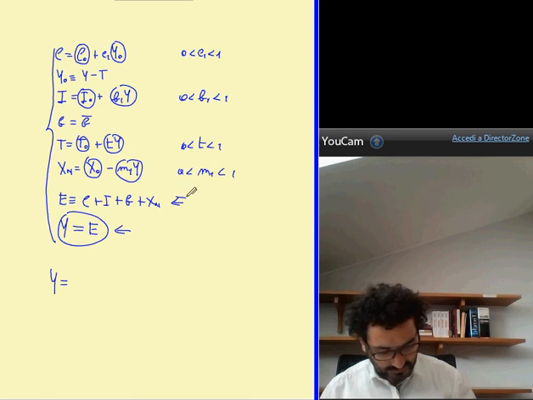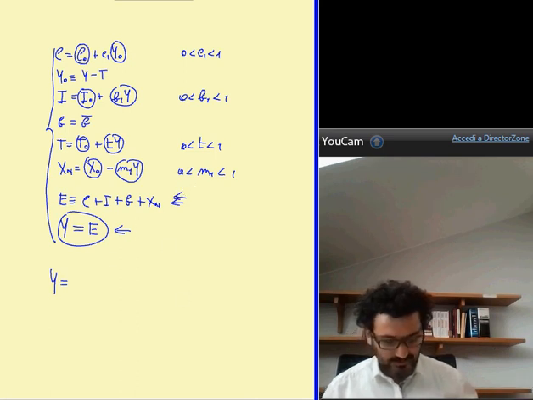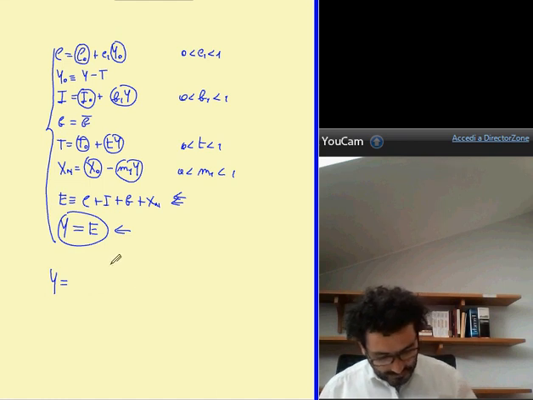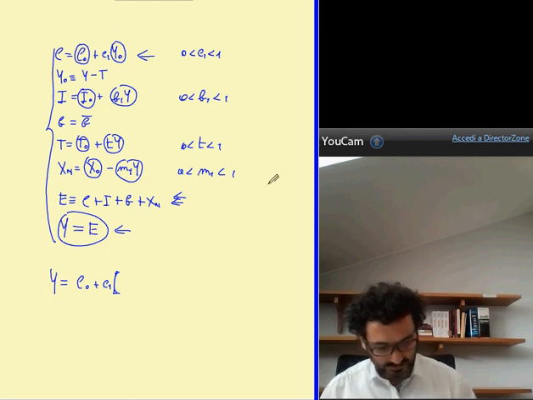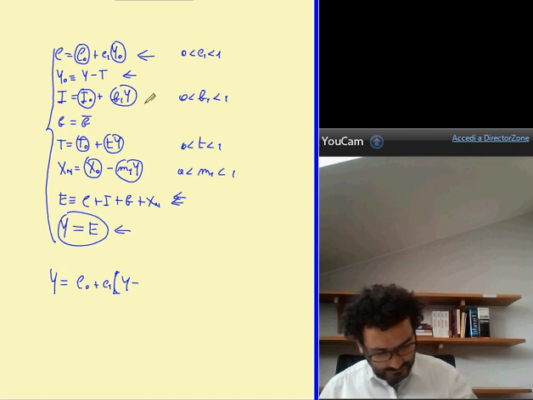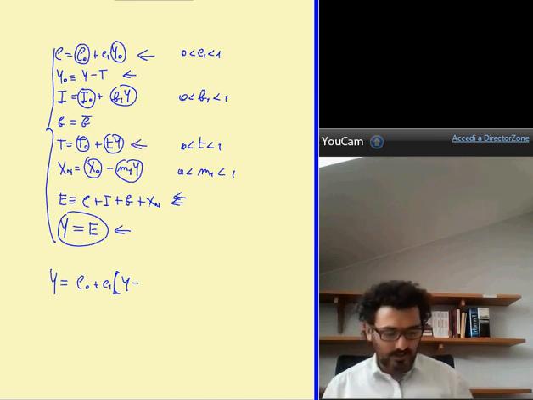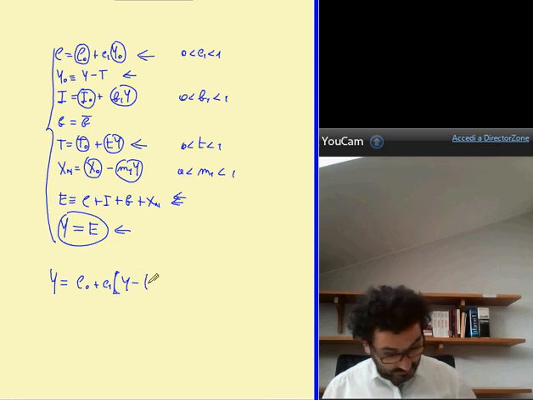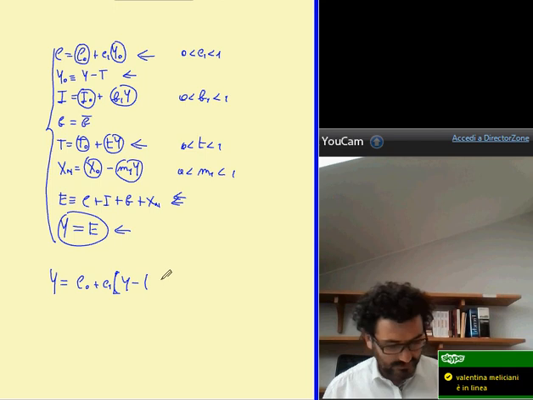Total expenditure is defined as consumption plus investment plus government expenditure plus net exports. Consumption, our hypothesis is that it's equal to C0 plus the propensity to consume, which multiplies, in square brackets, disposable income. But disposable income is given by income minus taxes. Our assumption is that taxes are equal to T0 plus small t, which multiplies y.